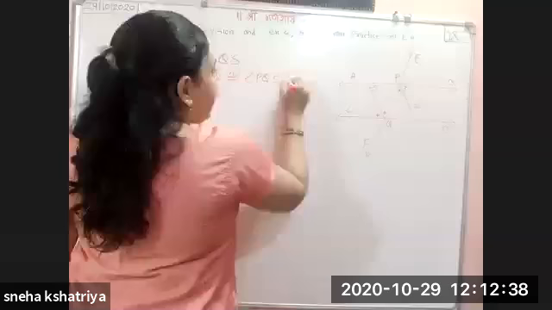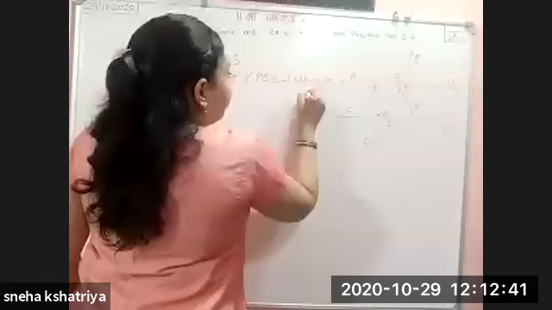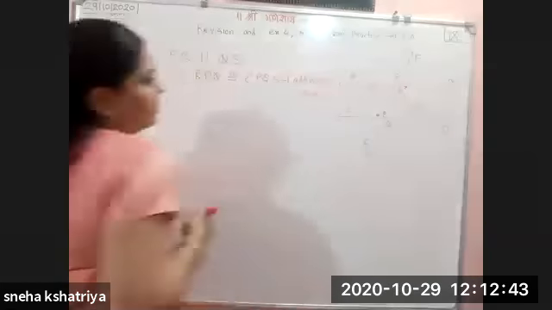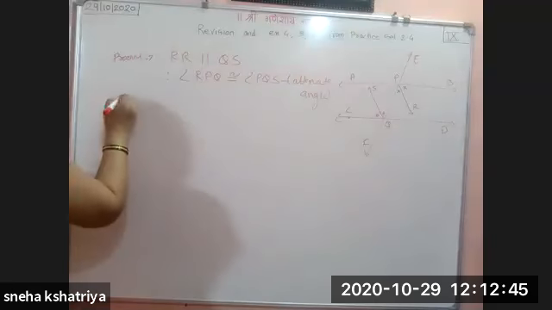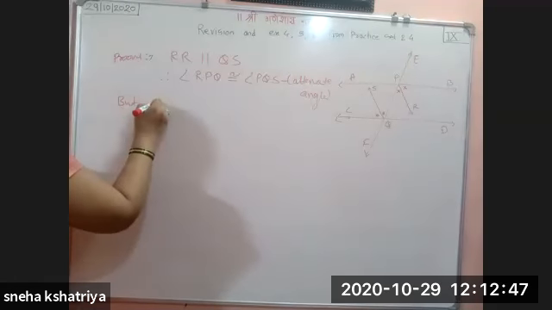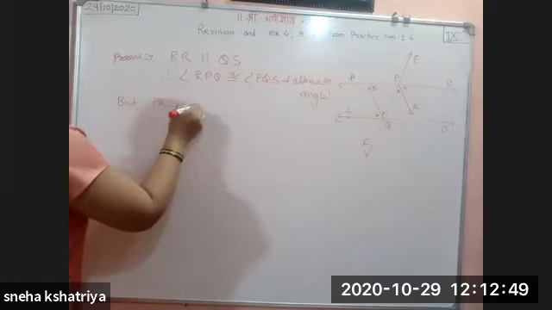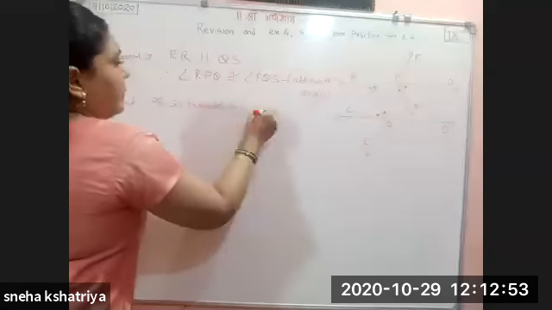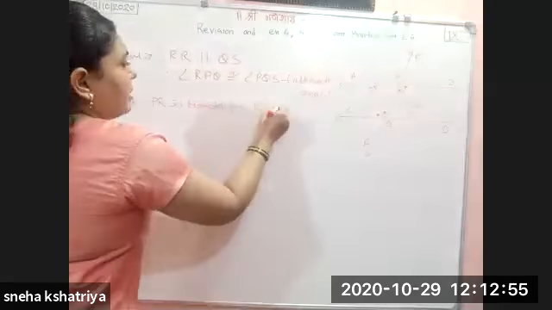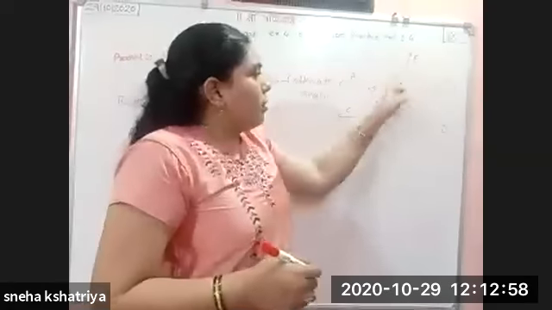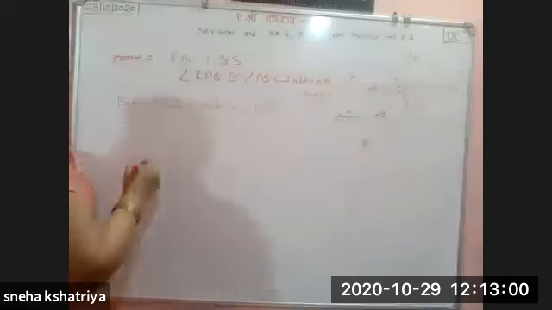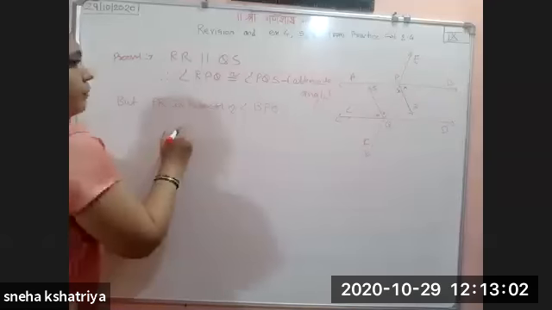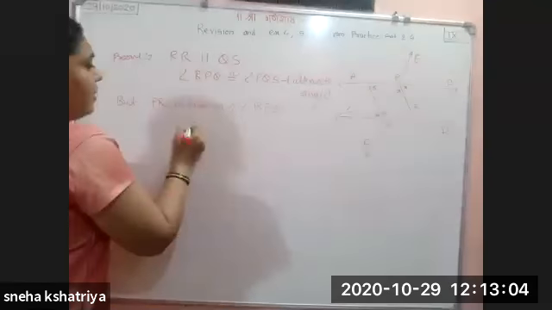They form alternate angles. But PR is the bisector of angle BPQ.